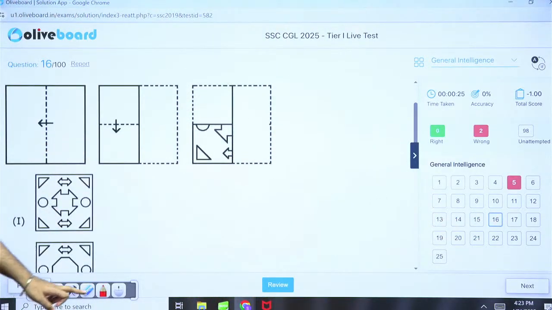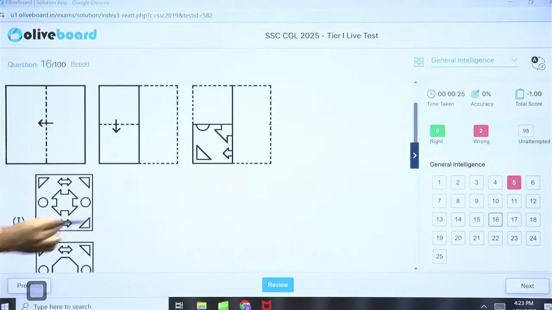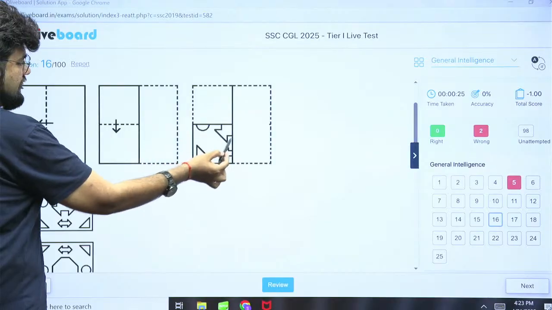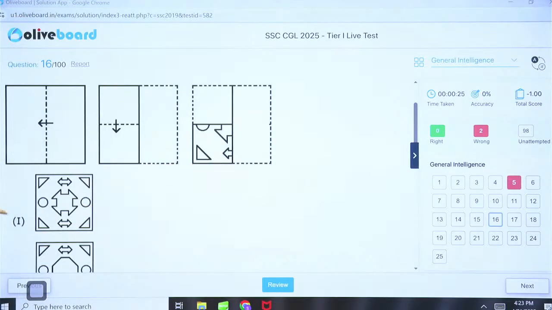Question number 16, paper cutting and folding. Now look at this figure. This is what is going to give you the biggest hint.